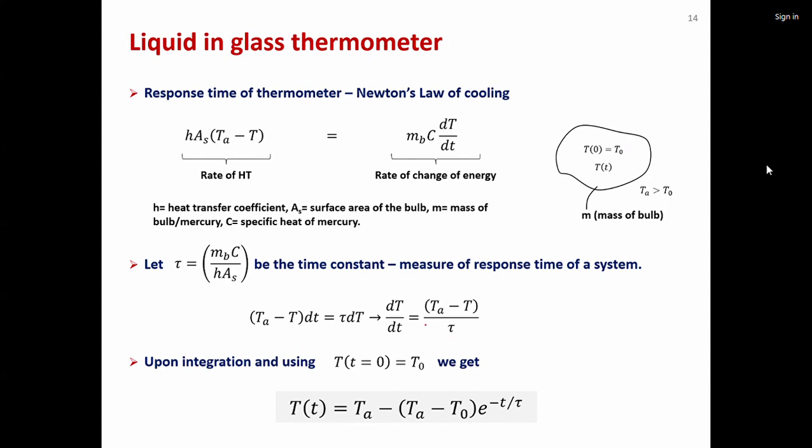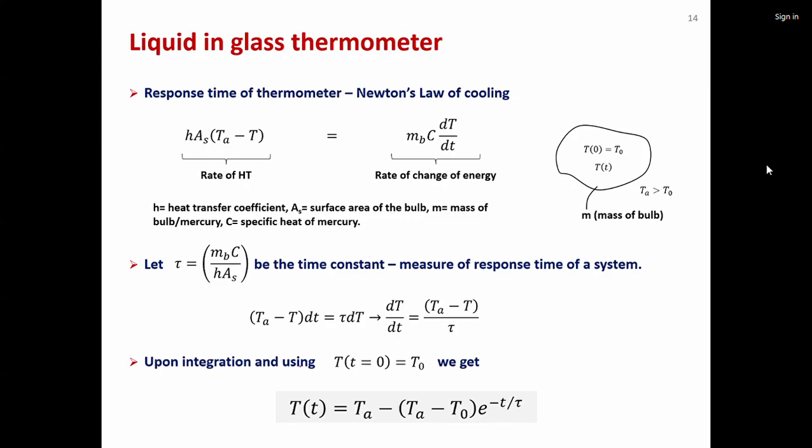How? One can write down again (TA minus T) dt. The right hand side will have m c divided by h S, which is basically tau, times dT.